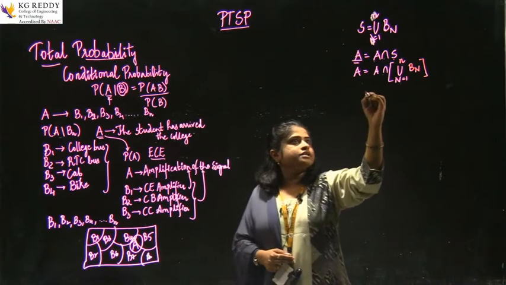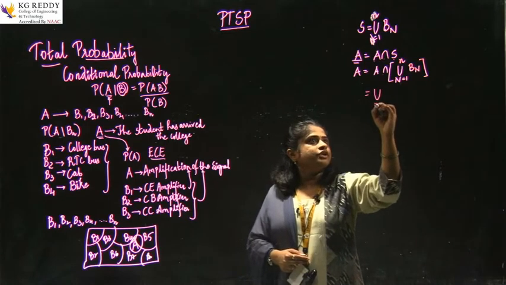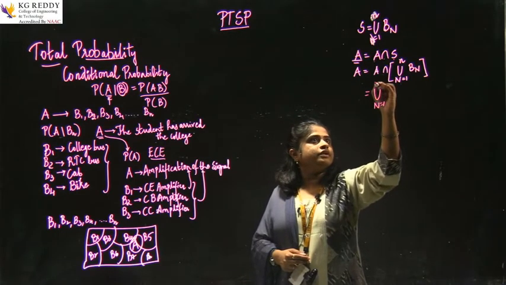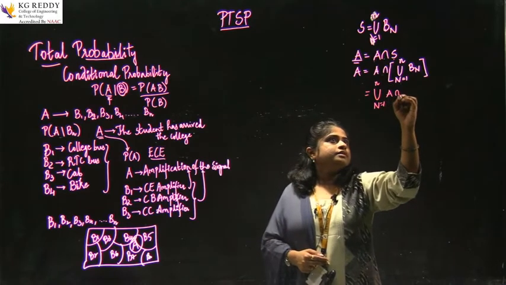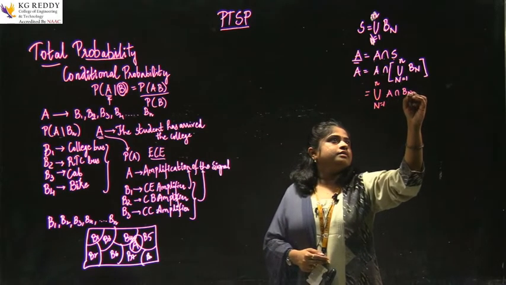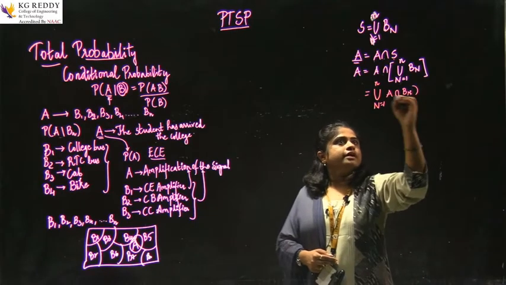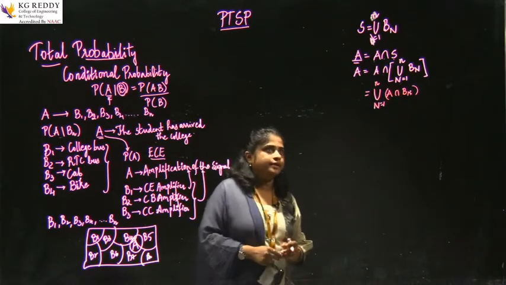Now I can take it out: the union of n equal to 1 to n of A intersection Bn.